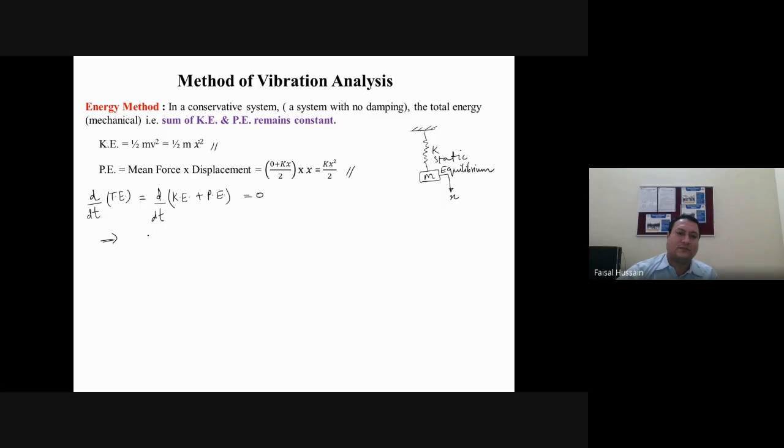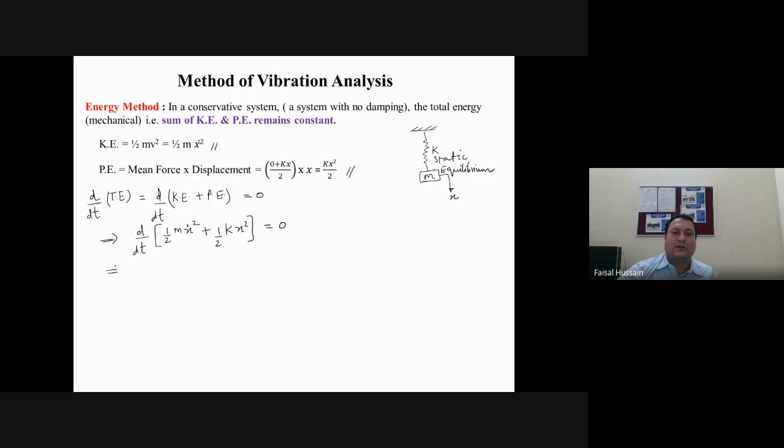So let us substitute d by dt. Kinetic energy is half m x dot square plus potential energy is half k x square, and it will be equal to 0.